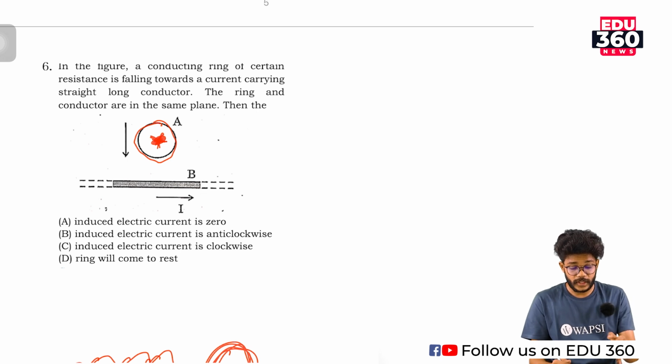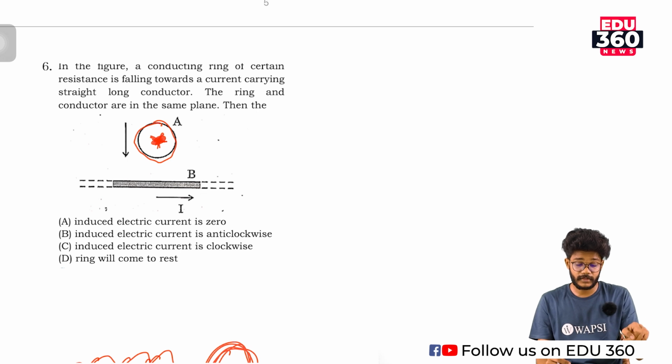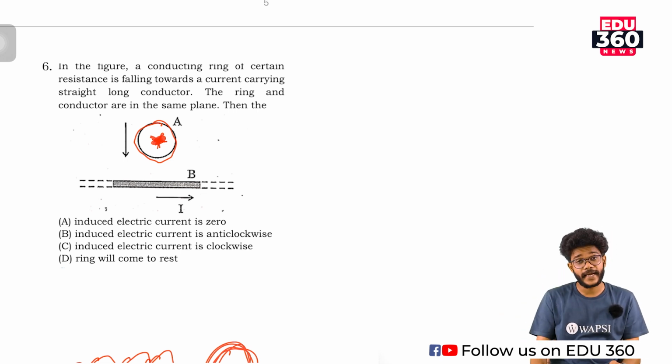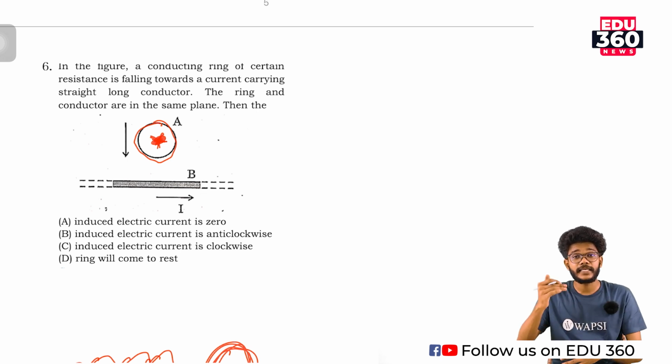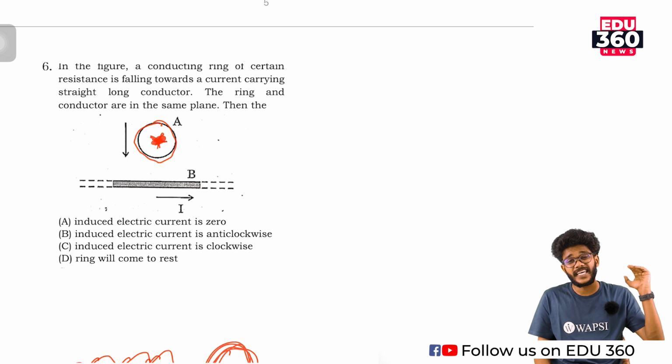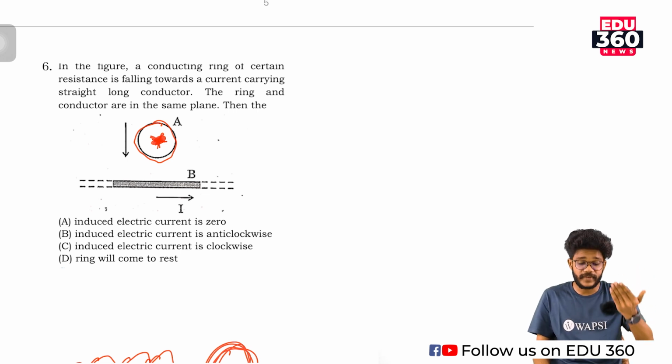Okay, so the current carrying metal conductor will try to oppose that magnetic field by generating a current inside the conductor. In all cases, the induced magnetic field tries to oppose the magnetic field which is produced by the current.